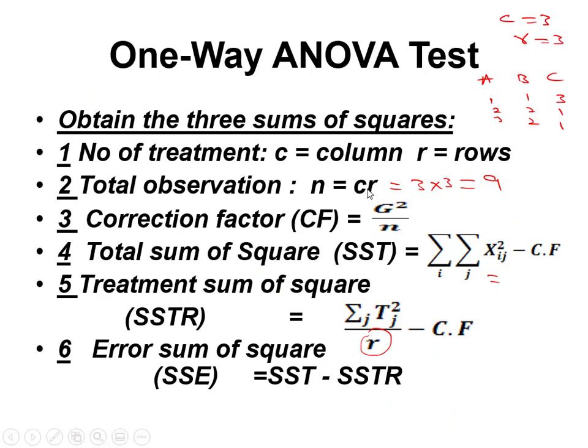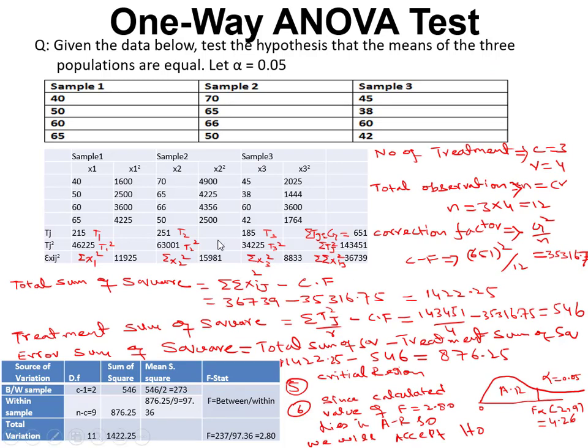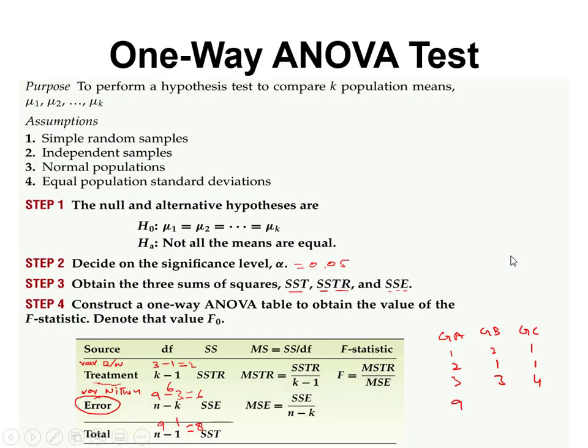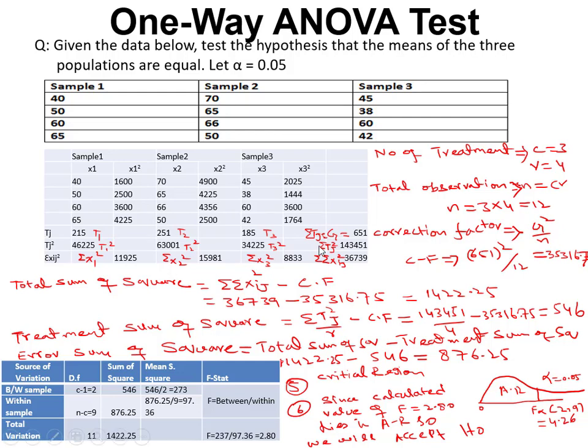So now we also need to calculate the other parameters. We just calculated the total observations and the correction factor. Now we want to calculate the total sum of square. In this example, I am showing you how to calculate the total sum of square. For the total sum of square, we need to take x square ij. So what is x square ij? This is x1, this is x2, and this is x3.